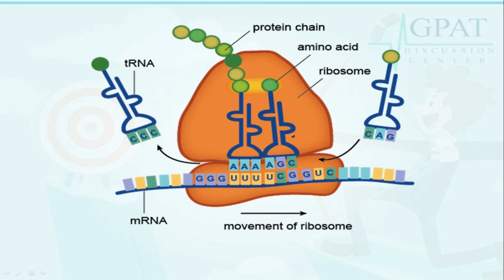Here, this is the A site and this is the P site. Here, new amino acids come and attach to these sites. This whole assembly is known as the ribosome. tRNA transfers new amino acids to the ribosome.